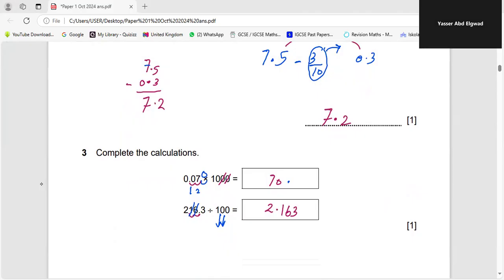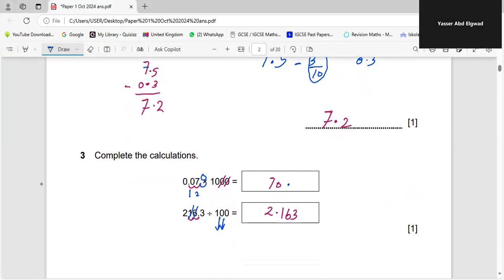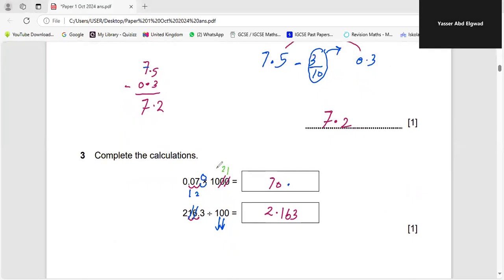If you count the zeros, 1, 2, 3, you have to move 3 digits. Here we have 0.07, only 2 digits. In this case, after you count, add 0 like this. The answer is gonna be 70, and the decimal point we can cancel.